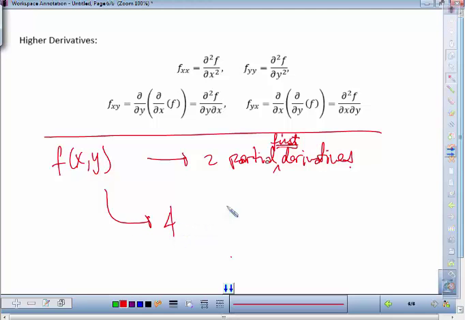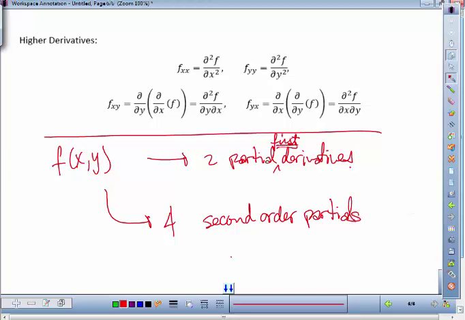And then we don't call it partial second derivatives, we call it second order partial derivatives, or usually people just say second order partials. And there's four of them.